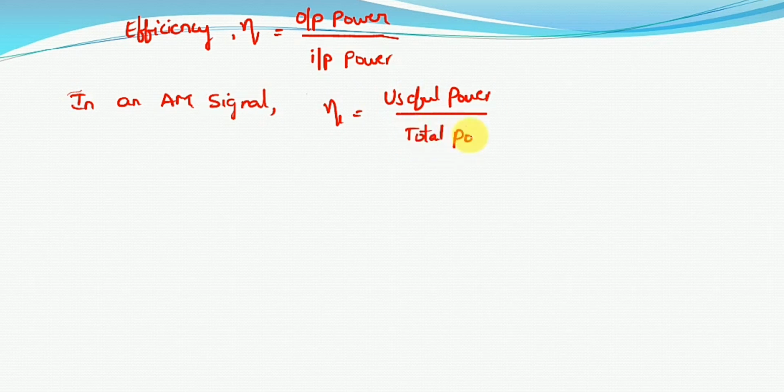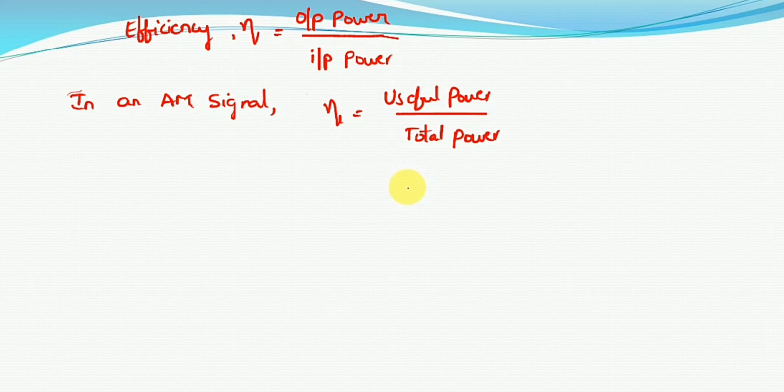Now what is the useful power? For a transmission of a message signal, we are using a modulation technique. So for a transmission of an AM signal, we are using an AM modulation technique. In an AM modulation technique, the sideband, either the upper sideband or the lower sideband, will carry the message signal information and the carrier signal doesn't carry the message signal information.